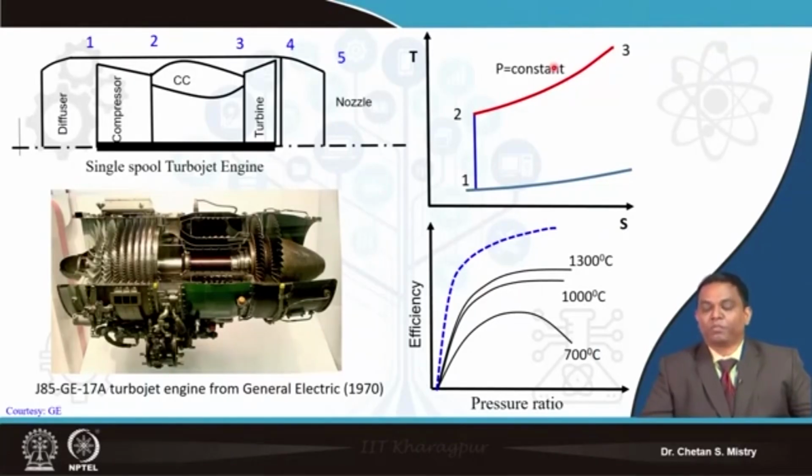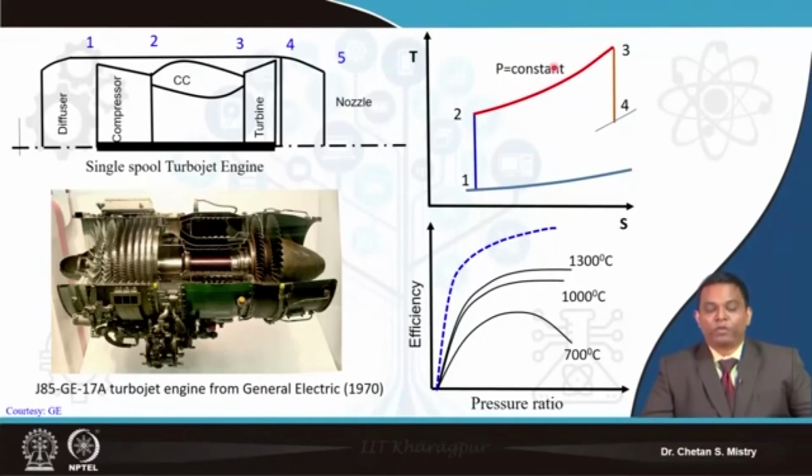That is the maximum turbine entry temperature. From 3 we have the expansion process taking place in the turbine. The turbine is an expansion device in which my pressure reduces, represented by station 4.